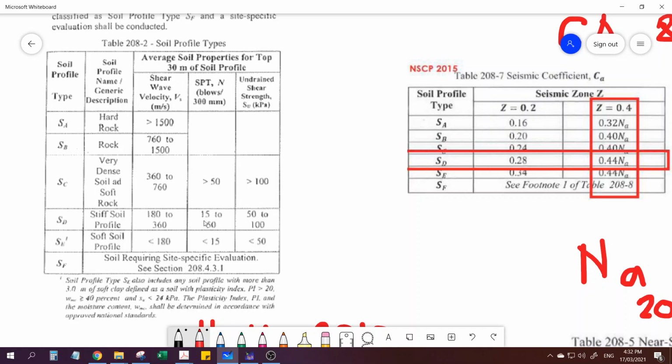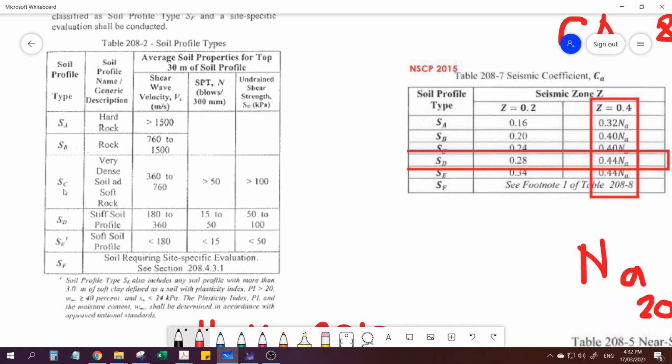Therefore, you will observe most of the soil will qualify to SD. But in reality, some parts of Manila, say even in Sampaloc, have SPT values less than 15. So it may qualify to SE. Okay, so for now, let's just assume SD.